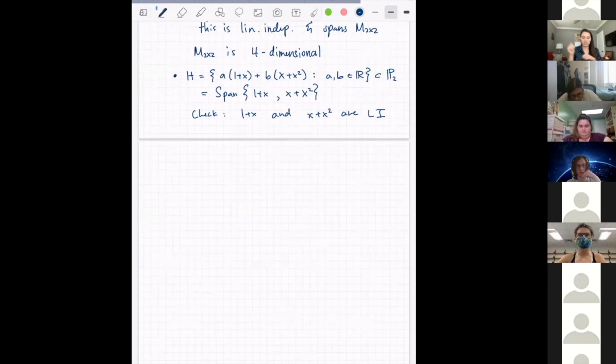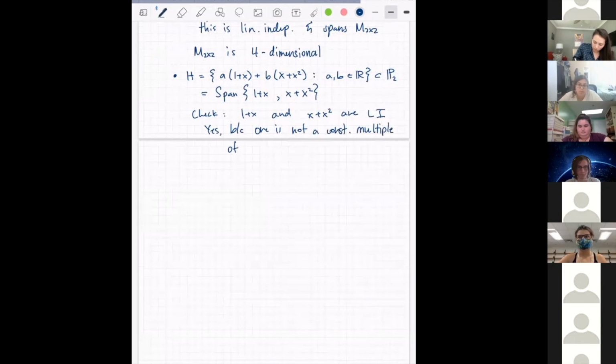And we don't have to go through a bunch of work for this because, in fact, when you're checking that two vectors are linearly independent, you just need to check that one is not a constant multiple of the other, right? So it's easy when you have two vectors. When you have more than that, it gets more complicated. But yes, this is true because one is not a constant multiple of the other.